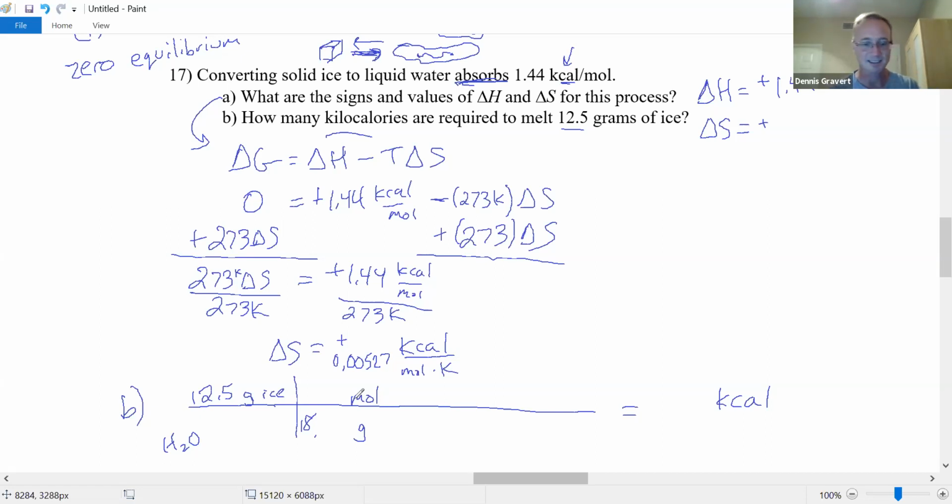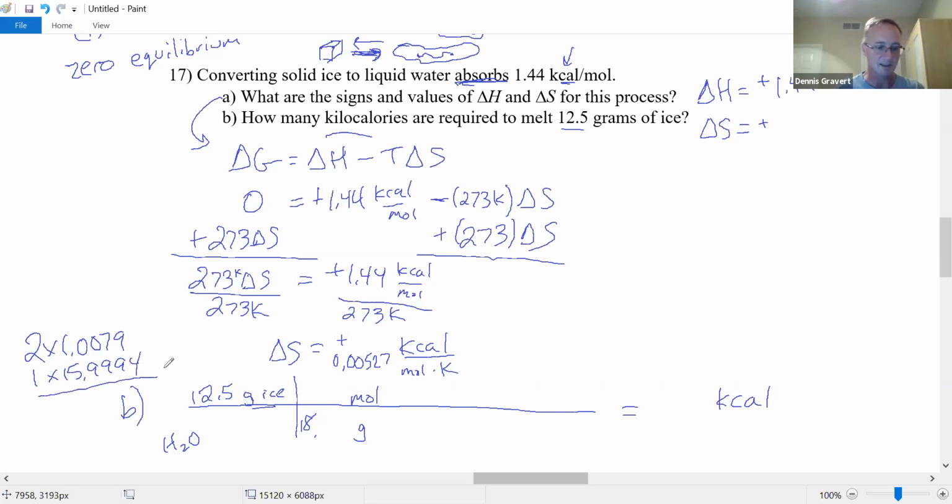Let's get the calculator. Okay, it is hydrogen, oops, 2 times 1.0079. I got the periodic table over here too. 1 oxygen is 15.9994.